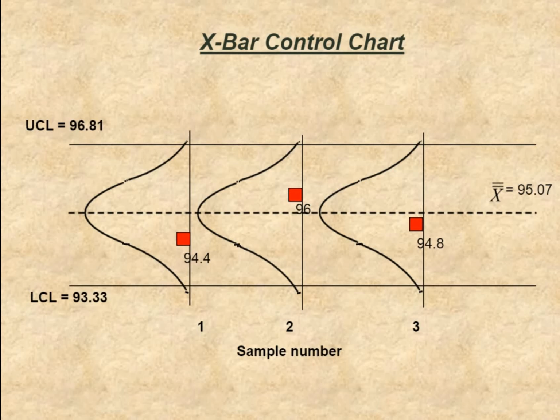Sample 3, 94.8, is within these 2 values, LCL and UCL, as well. So we can conclude that in our example, which has 3 samples, and in each sample there are 5 units, this process is in control as far as we can tell.